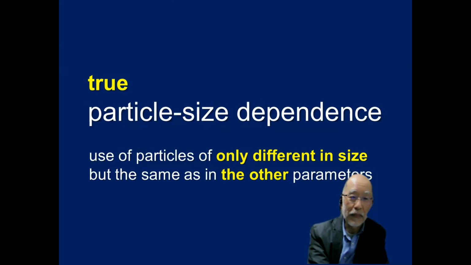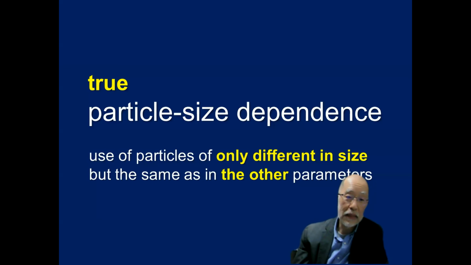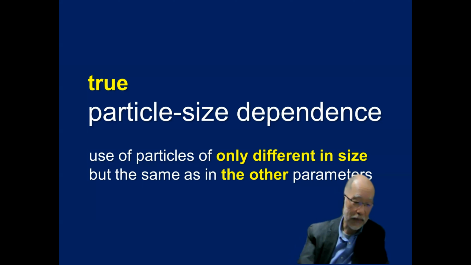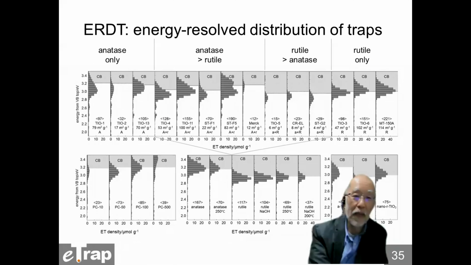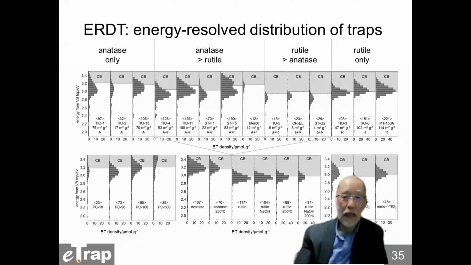Okay, so we succeeded in getting particles that differ only in size, but are the same in the other parameters, at least bulk structure and surface structure. We have so much experience of measuring the ERDT pattern, and this is only part of the results of commercial titania samples.